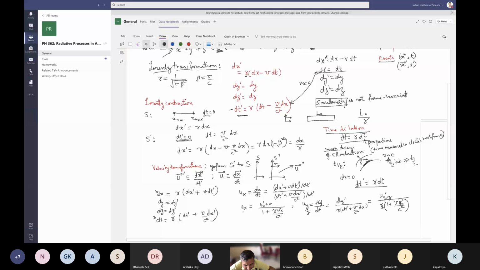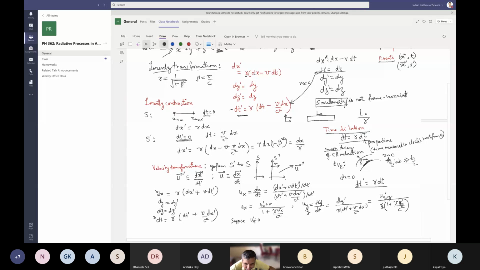So these velocity transformation formulas are very interesting, right? Suppose ux prime is equal to c.